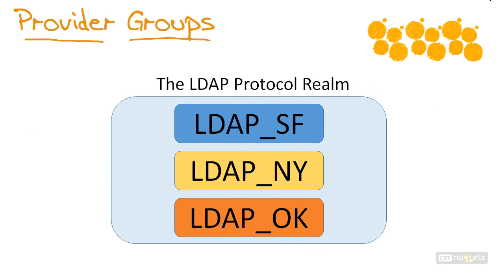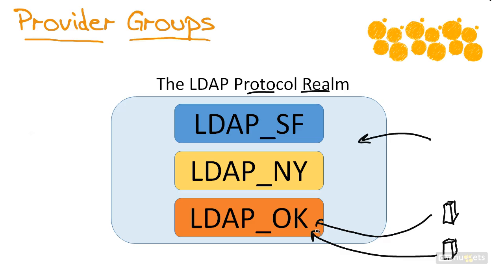Now, please understand that inside one of these protocol realms, you are going to create provider groups. Provider groups is where you'll put the individual servers. So I have this LDAP underscore Oshkosh provider group. In that particular group, I'll go ahead and put my particular Active Directory server definition. I might put another one in there for redundancy, of course.